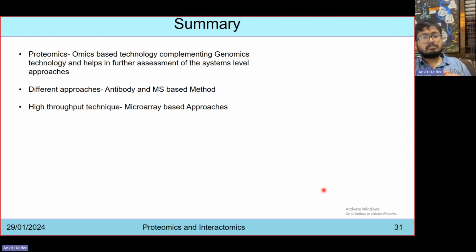The field started from gel-free methods to antibody-based methods or MS-based methods. Again, in MS-based methods there are huge numbers of techniques and approaches available. Then the major goal was to understand the interaction patterns. Interactions play a huge role in understanding physiological processes, and that's why we need to have a good understanding.